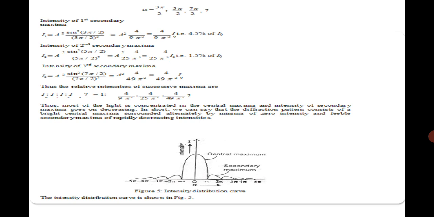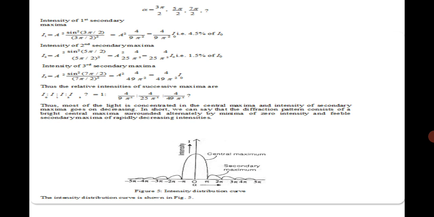Intensity of second secondary maxima: I2 is equal to a square sin square 5 pi by 2 divided by 5 pi by 2 whole square, which is equal to 4 by 25 pi square I naught, that is 1.5% of I naught.